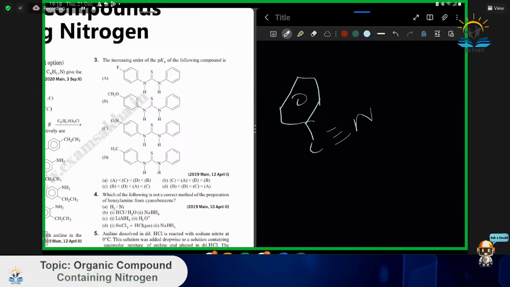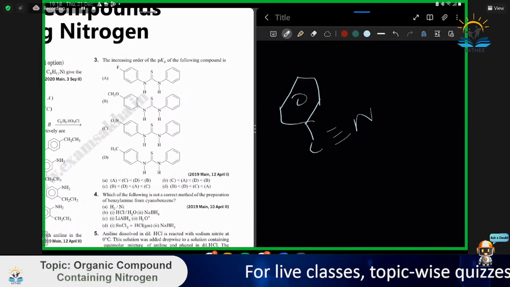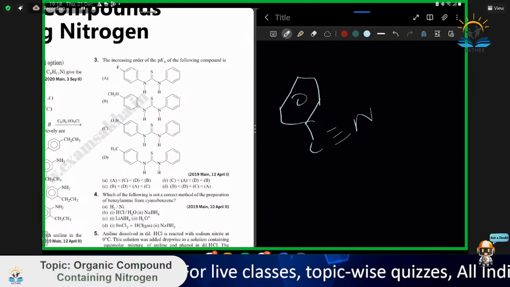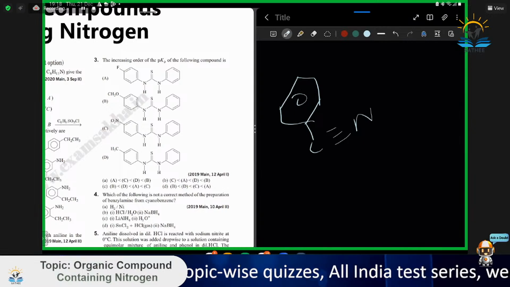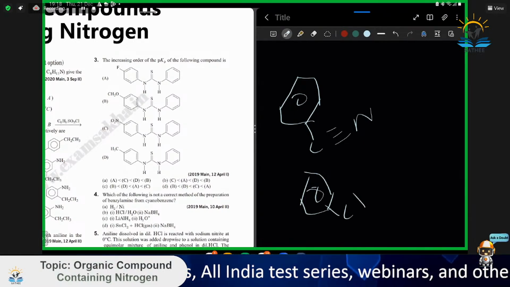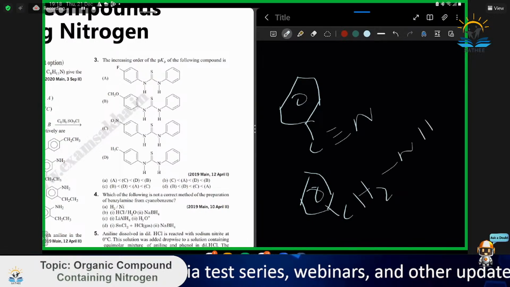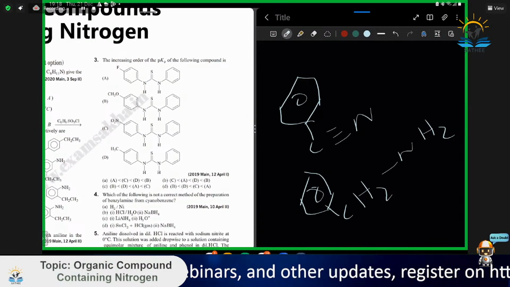Your second option is your Bohr blank reduction kind of thing. This is cyanobenzene, this is benzylamine. H2 nickel works, HCl H2O.